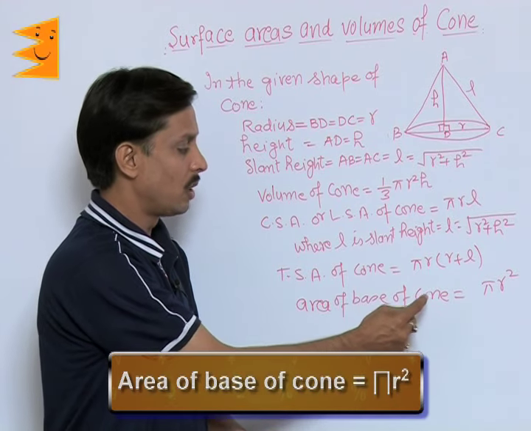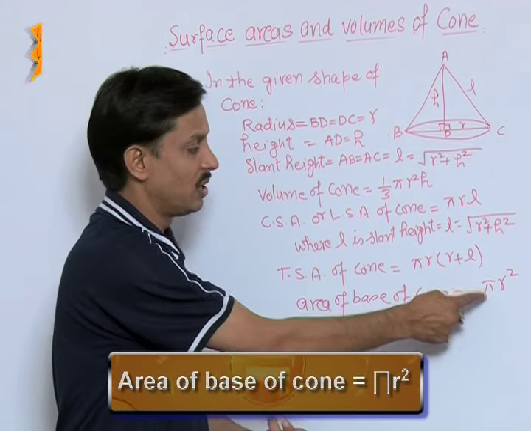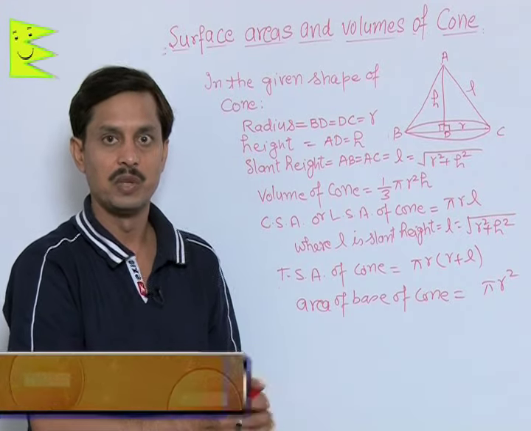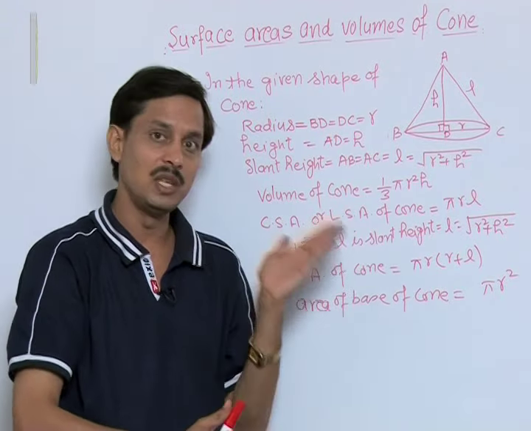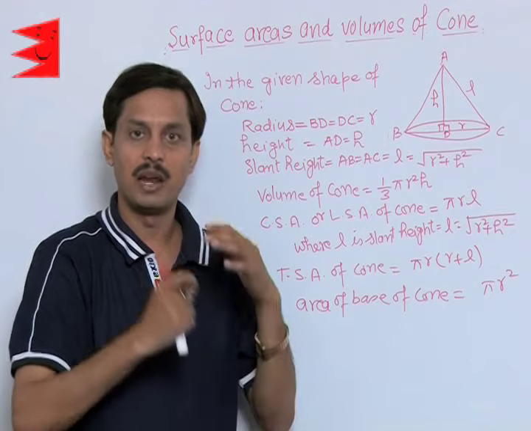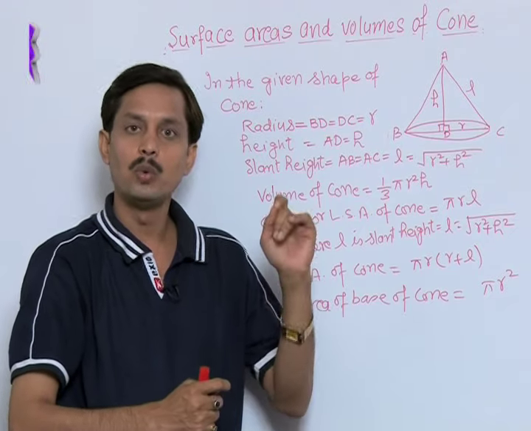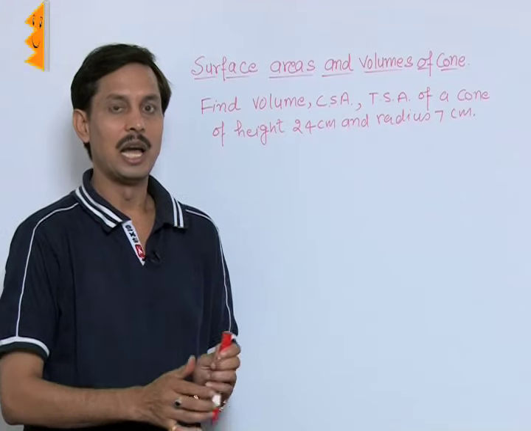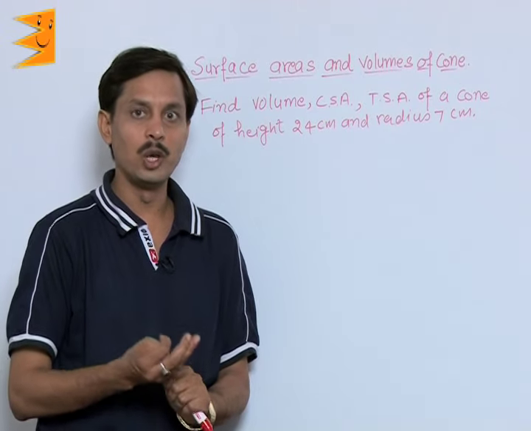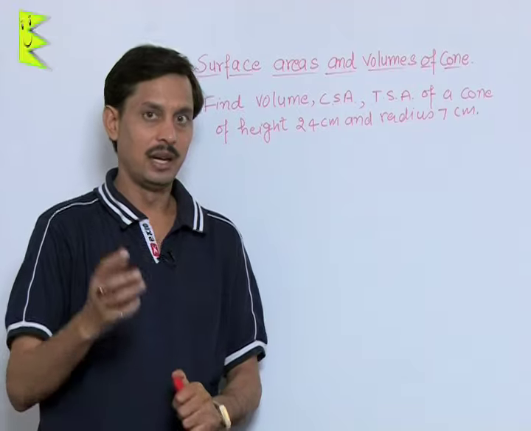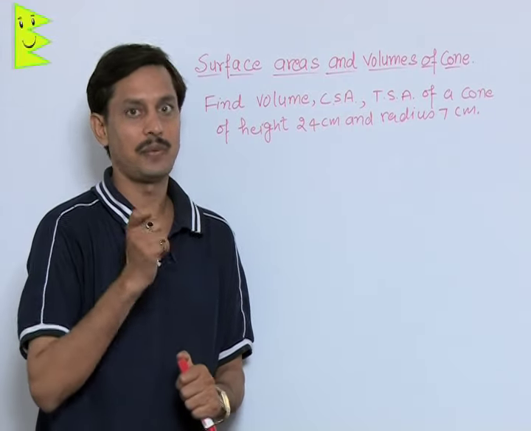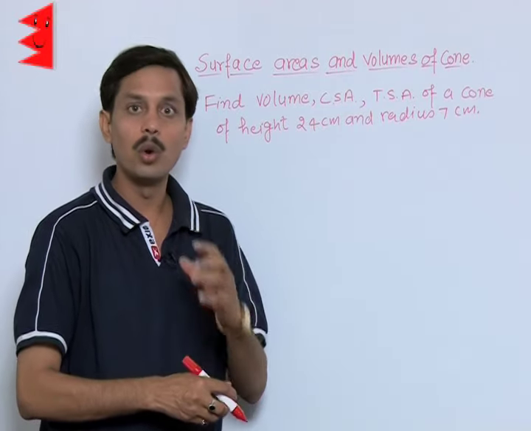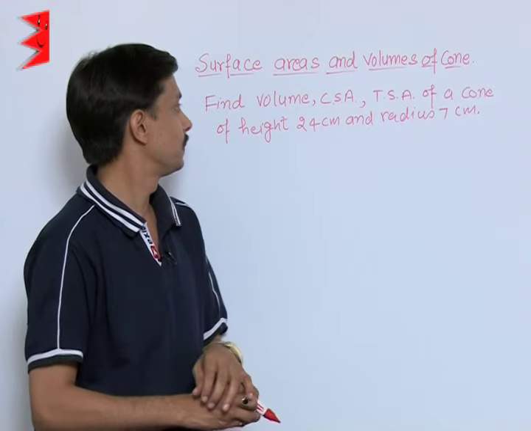Area of the base of the cone, that is area of a circle, is given by pi r square. So we have to memorize these results with all logics, and we will apply how to solve the problems related to the cone. I am taking an example where volume, slant height, lateral surface area, total surface area of a cone are required to calculate.